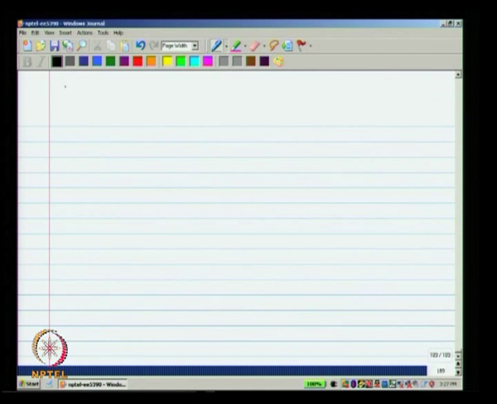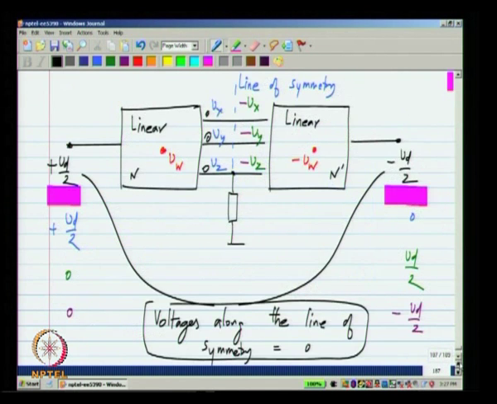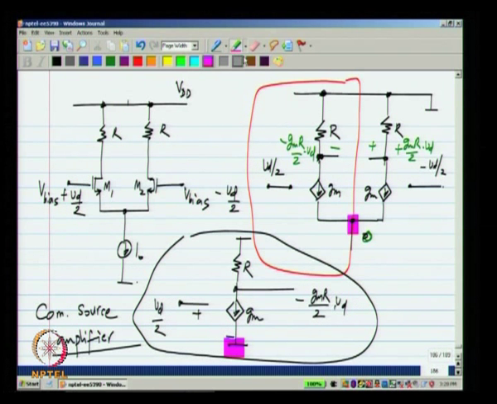So, a quick summary of the differential pair is that the differential gain, this means that the differential output, the difference between these two divided by the difference between those two.